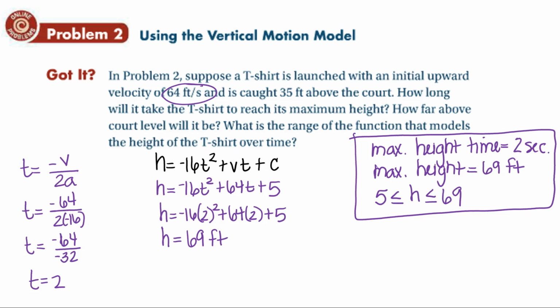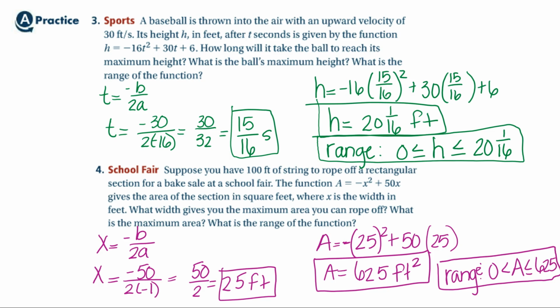All right, so let's go ahead and look at the answers to 3 and 4. Number 3, we had an initial velocity of 30 feet, so negative 30 over 2 times negative 16, or 30 over 32. I left it in fraction form. I know a lot of you put it in decimal, which is approximately 0.94, and that's fine.